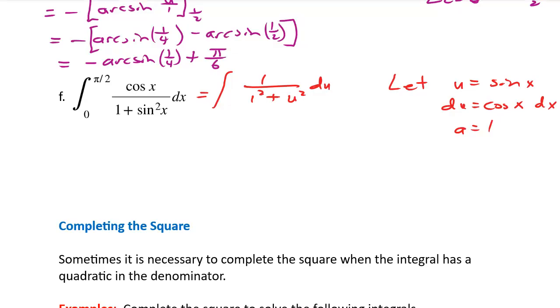All right. So upper limit will be sine of pi over 2. Sine of pi over 2, I believe, is 1. And our lower limit, that'll be the sine of 0, which is 0. So 0 to 1. Okay.